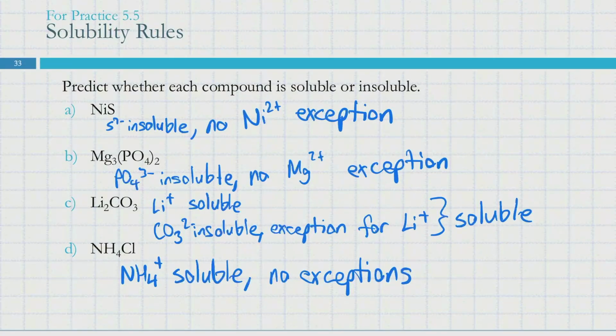Questions on how we're doing that, reading those solubility tables? Generally, you'll just want to either have your green sheet solubility table, one from the book, or you could also probably find one online that looks about the same.